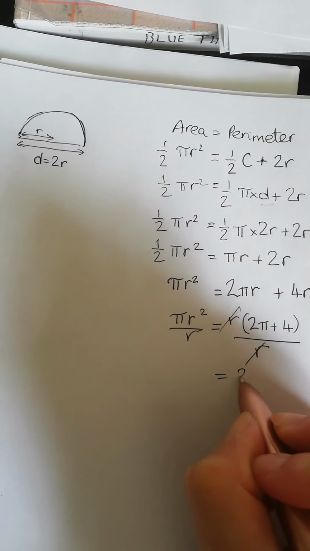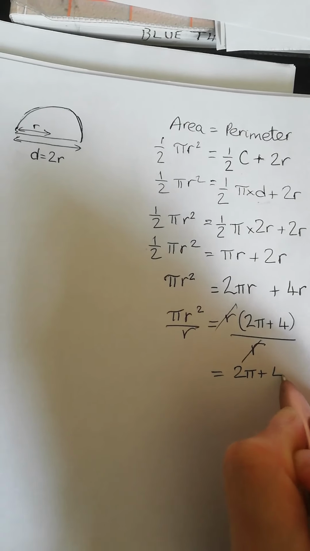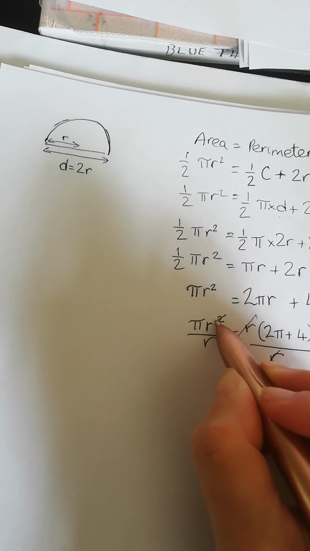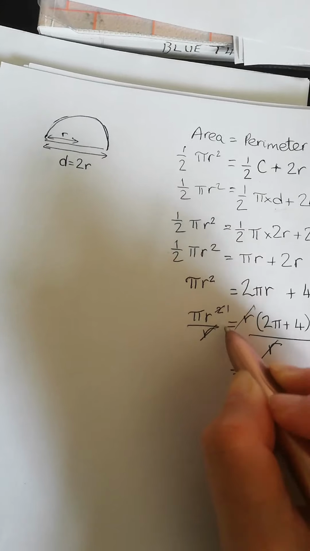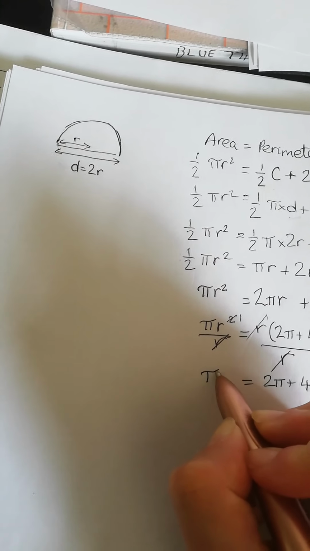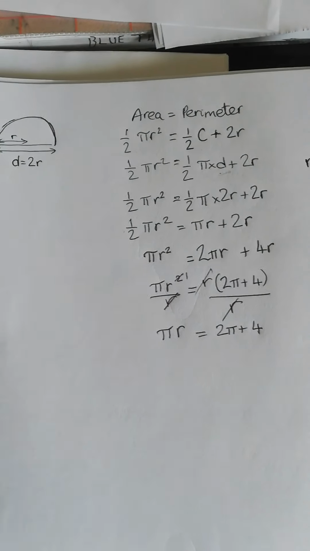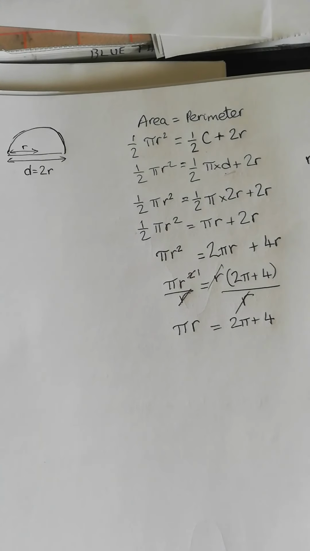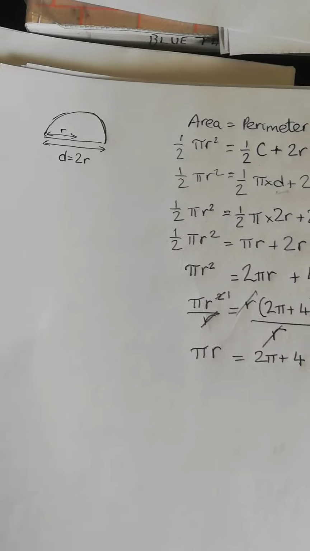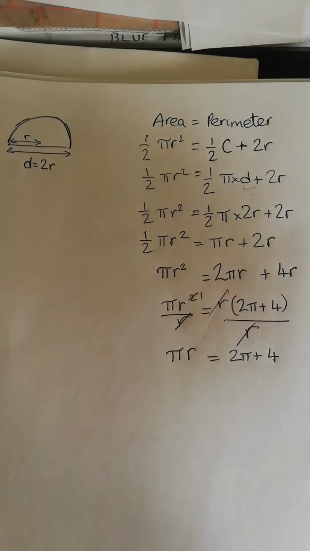So on this side I'm just left with 2 pi plus 4, and that will cancel with that, so we can lose one of the r's, so we're just left with pi r and 2 pi plus 4. Now, we're going to find out later on this year that's a wee bit dodgy, but we're allowed to do it in this case, and I'll talk to you why about that later on this year.